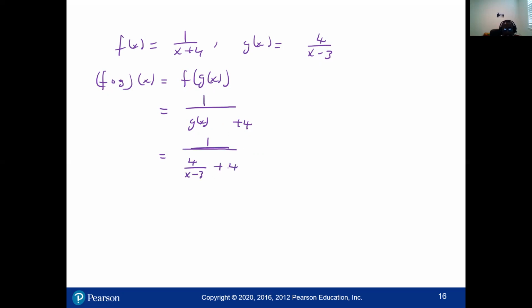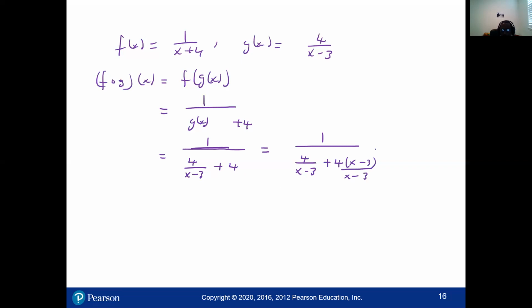So then we have to simplify the denominator, which will give us 1 over, to have a common denominator, you multiply the 4 by x minus 3 and also divide by x minus 3.